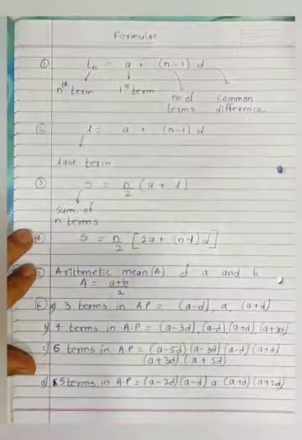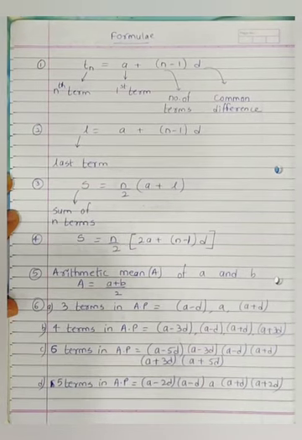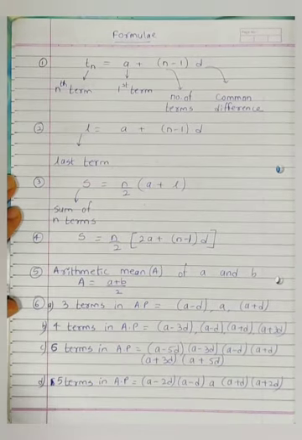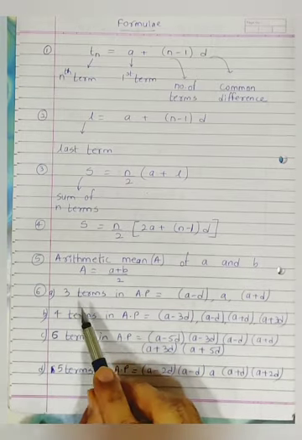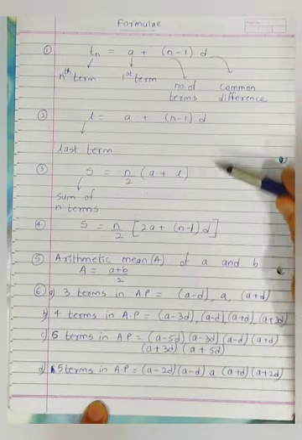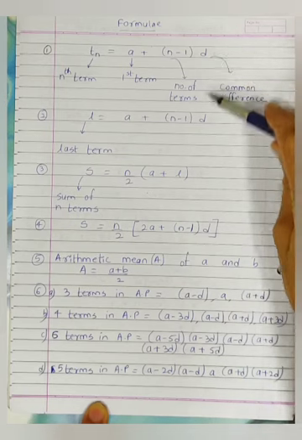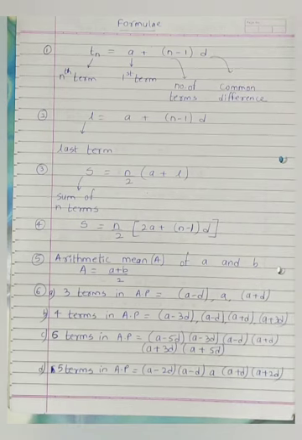Now whenever you have to assume, we are doing right now the problems where you have to find out the AP when you are given the sum of the APs or the product of APs. Now see, if they tell you to assume the first three terms in AP, look, this is very, very important. You can take a screenshot of this page if you want, because I've written all the formulas of the chapter out here.